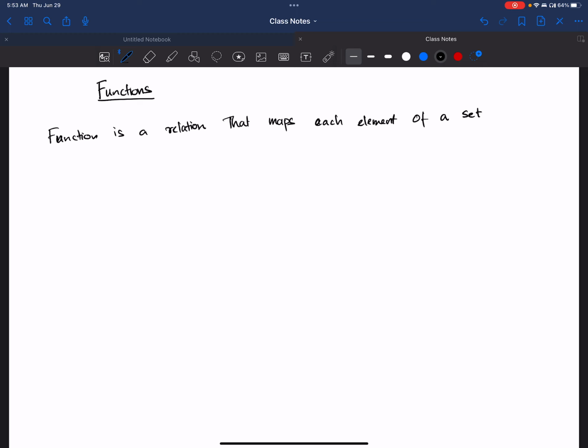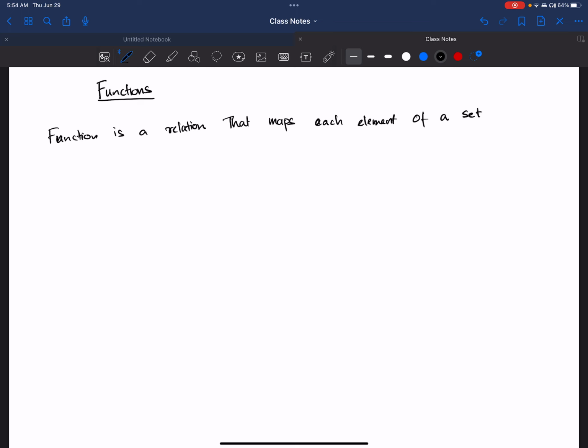Now, set is another mathematical term. A set is a term used for any collection of elements, right? You might know sets like the real number set, integer set, natural numbers, rational numbers and irrational numbers. These are sets, and there are many other sets as well.